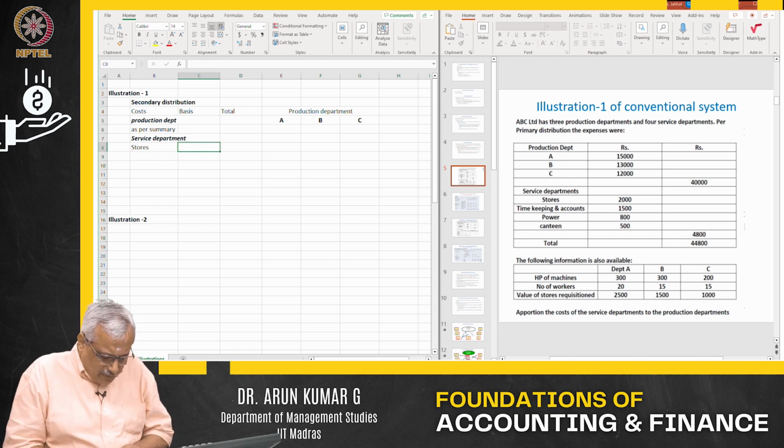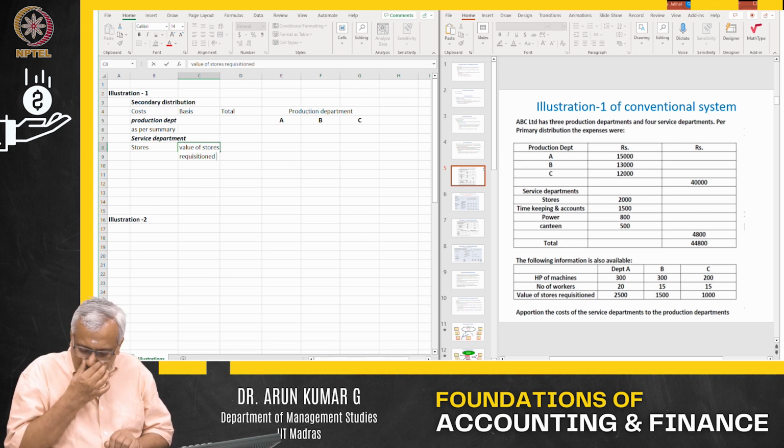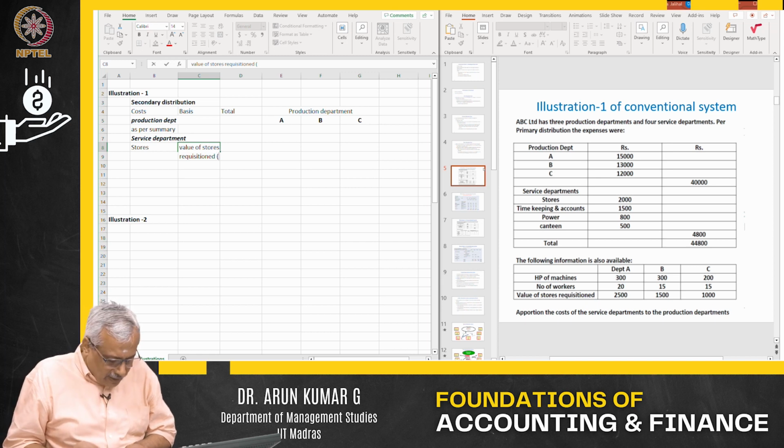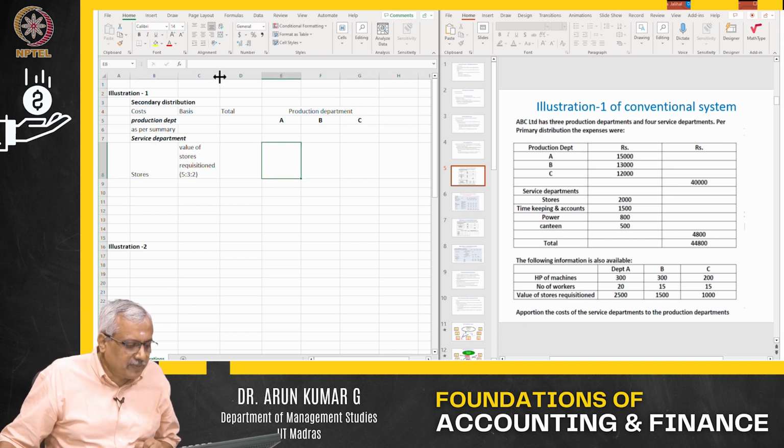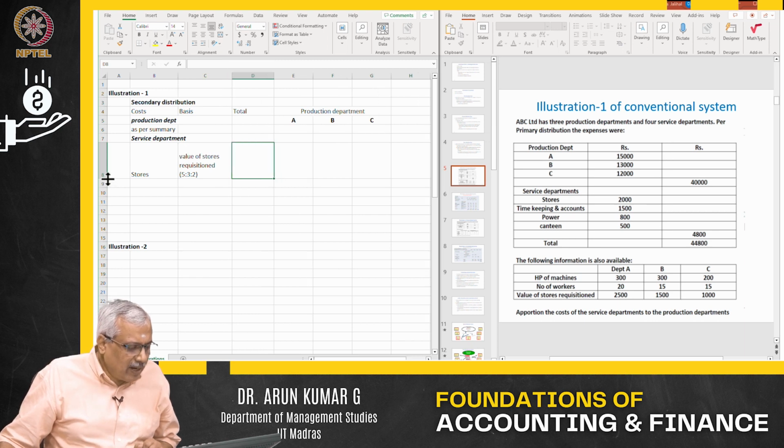The value of stores requisition will be in the ratio of 5:3:2. That is how I am apportioning it. So, what is the total value of the stores requisition in this case?